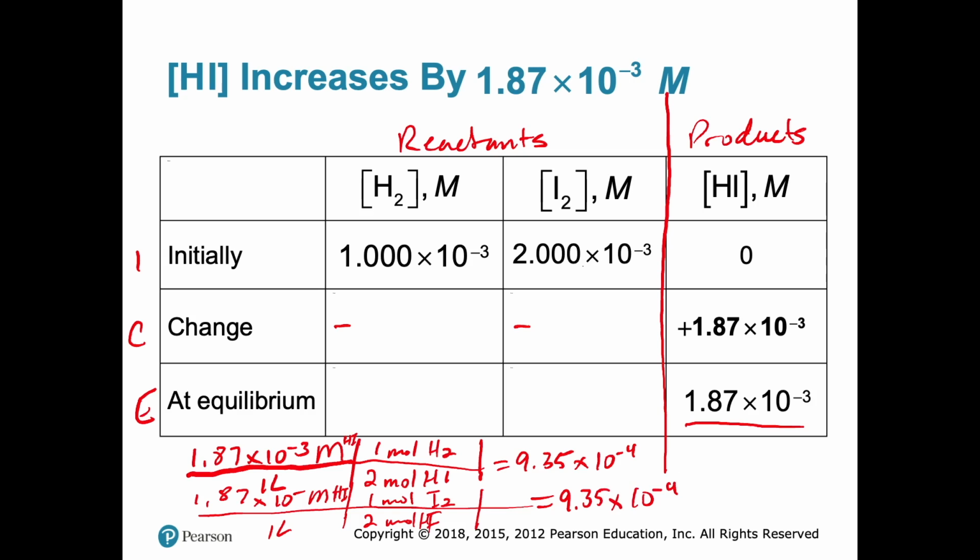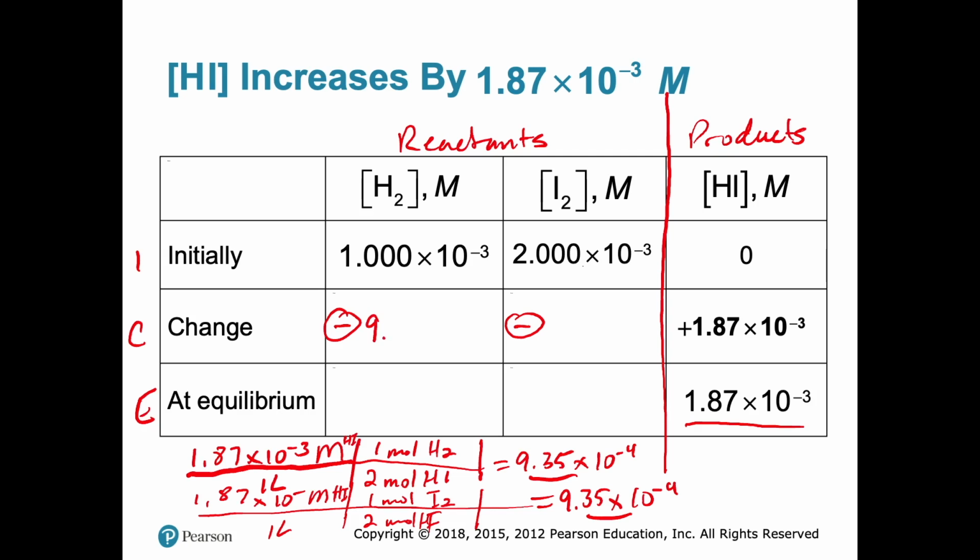So those right there are the changes in the concentrations for, sorry, not hydrogen iodide, for hydrogen gas and iodine gas at equilibrium. So we already know that this is supposed to be a negative sign right here. That's what we're losing.